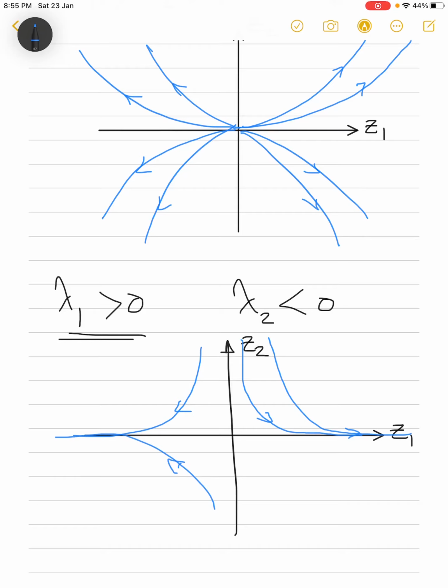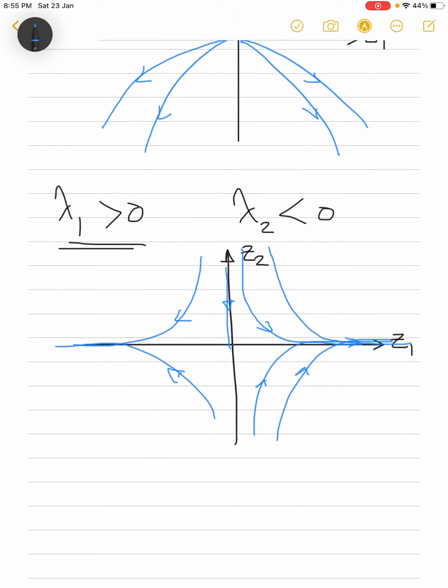But if we start from the vertical axis here, we'll notice that the trajectory will go along the z2 axis to 0, and this is the only stable trajectory that we could have on the vertical axis.